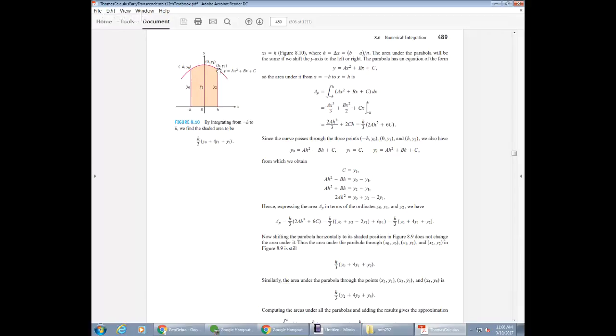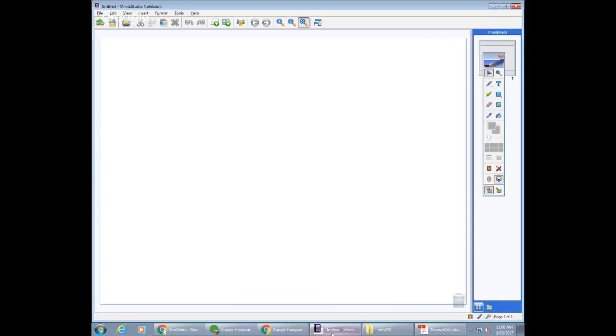You can use a little bit of algebra and totally get rid of the A, B, and C, and you can write what we need about the parabola in terms of the y values in question. Okay, so I'm going to state Simpson's rule in a couple of different ways. If you want the details of where it comes from, check out page 489. Otherwise, we're just going to apply it. Oops, it's not Simpson with a Y, it is Simpson with an I.